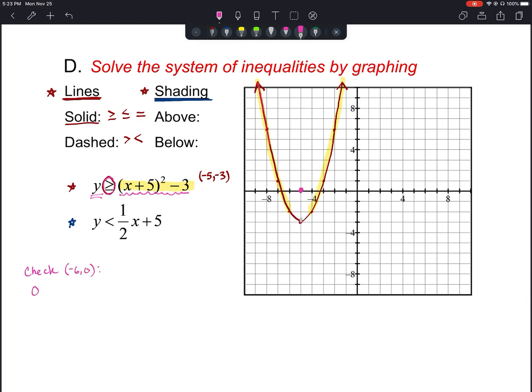So I'm going to put in 0 for y. 0 is greater than or equal to -6 plus 5 squared minus 3. When you simplify that, you get 1 minus 3, which is -2, so 0 is greater than or equal to -2. So that is correct, which means that the area that we would shade in would have to end up being inside of this parabola.